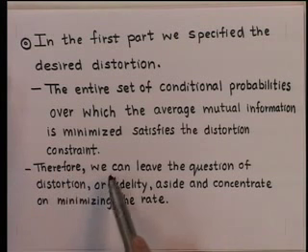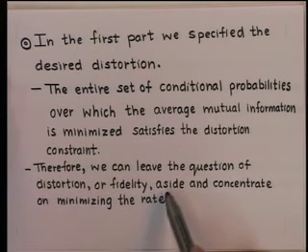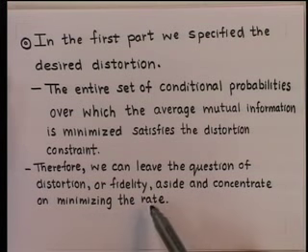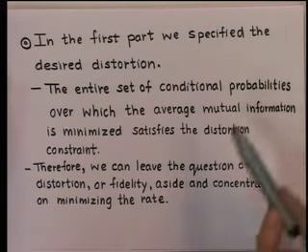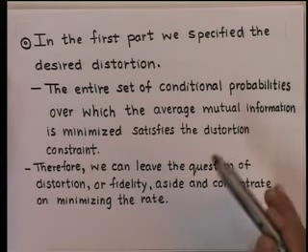Therefore, we can leave the question of distortion or fidelity aside and concentrate on minimizing the rate. So, this provides some kind of qualitative justification for the rate distortion formula.